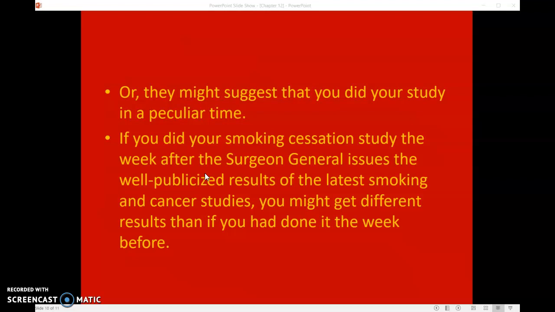If you were conducting a study about patriotism, whether you did that study on September 1st versus October 1st is going to make a huge difference, because there's a difference in time because of another event that happened.